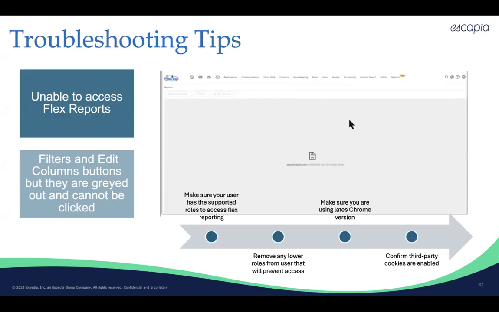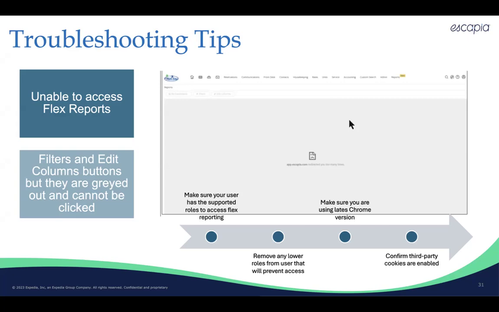What this means is we like to remind people about the fact that Escapia is a tiered system when it comes to the roles, which means that any individual should only have the highest roles that are necessary. So for example, if a user has the role agency administrator, the only other role they need is accounting manager. They should not have a role of reservationist, technician, or marketing manager.